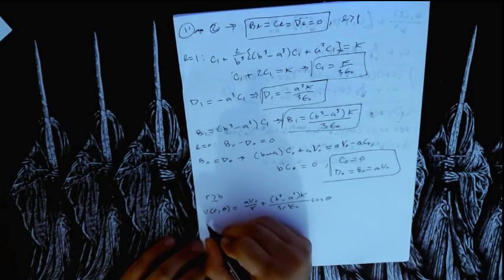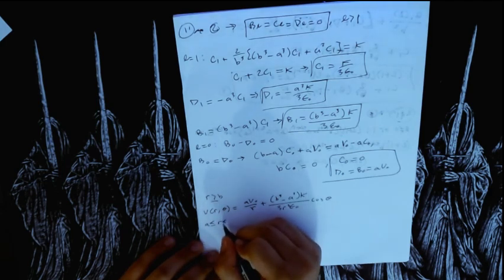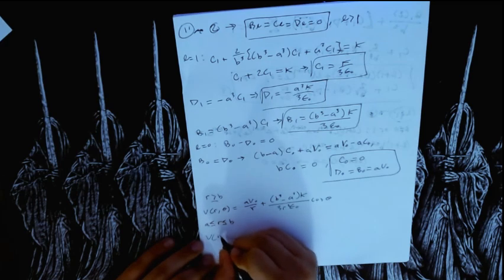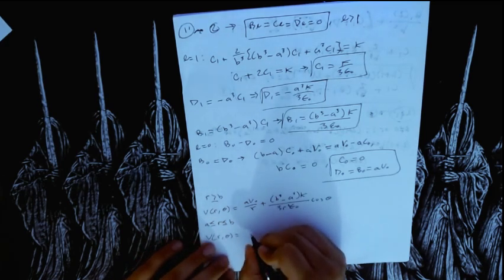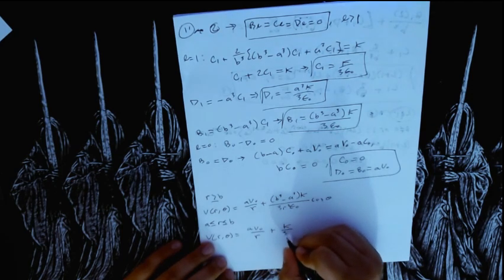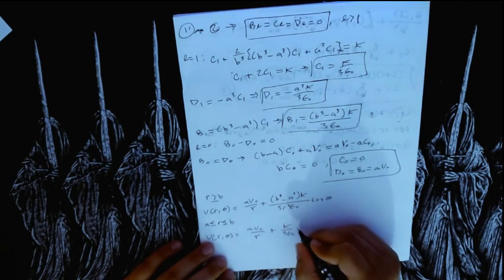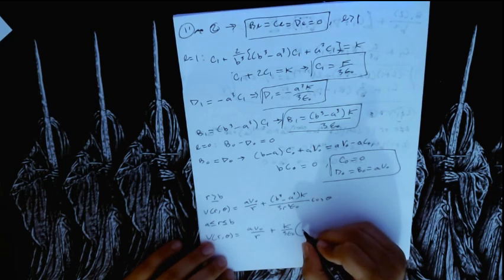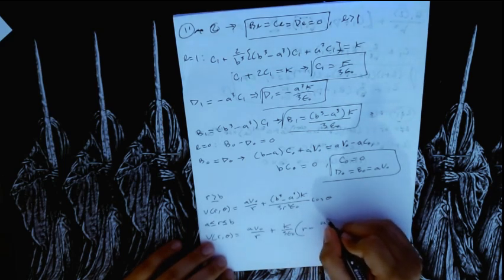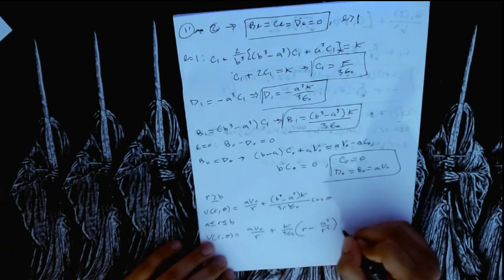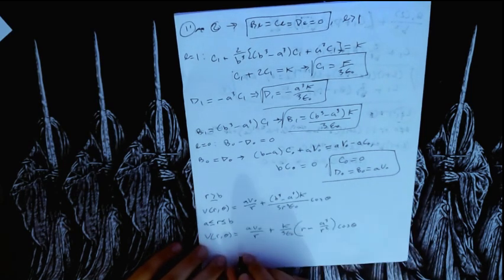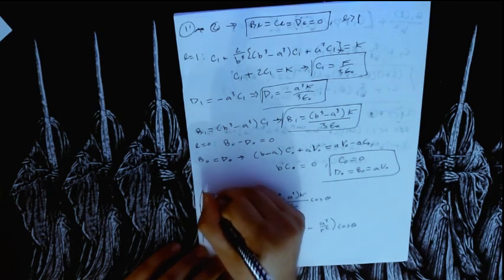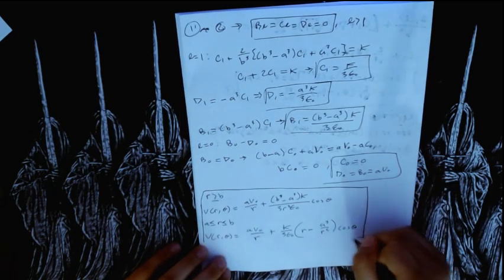And when a is less than or equal to r less than or equal to b, our potential is then r plus K over 3 epsilon naught, multiplied by r minus A to the third over r squared, cosine theta. Alright, and this will be our potential for those two regions.